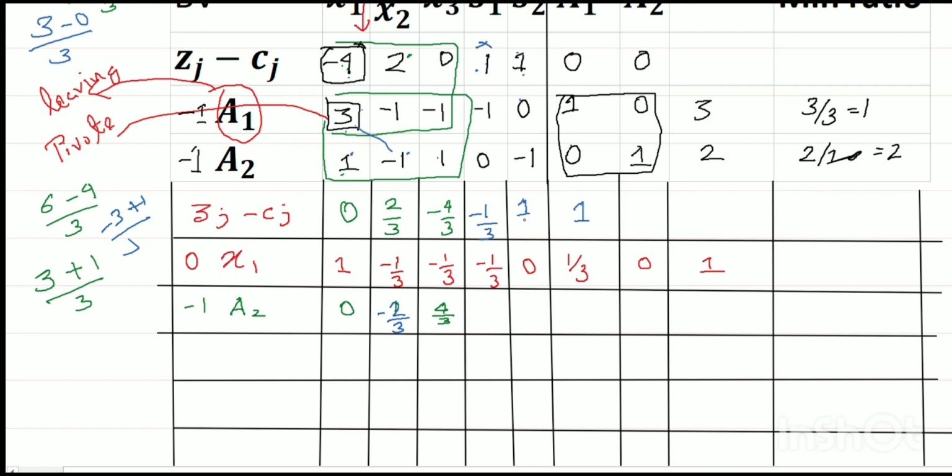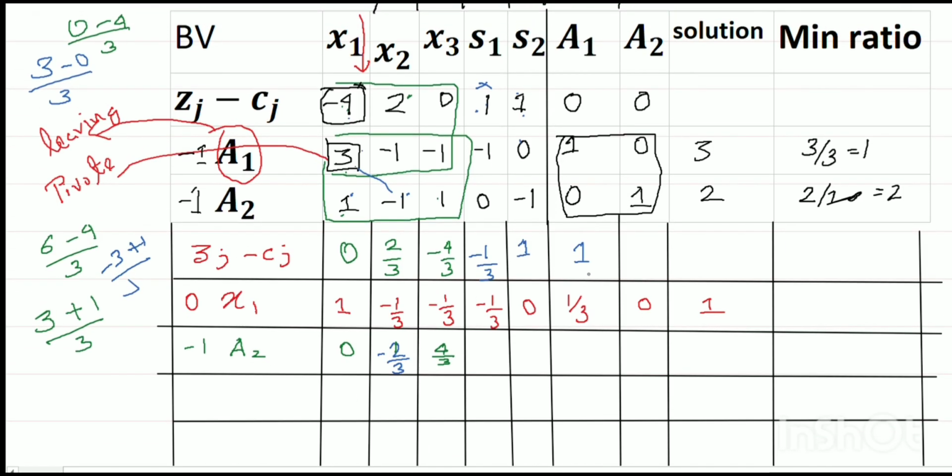S1 and S2. And 3 into 0, 1 into minus 4, 1 into minus 4 and 3 into 0, minus 4 by 3.